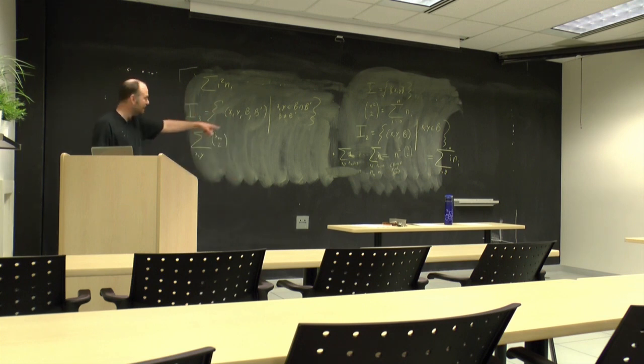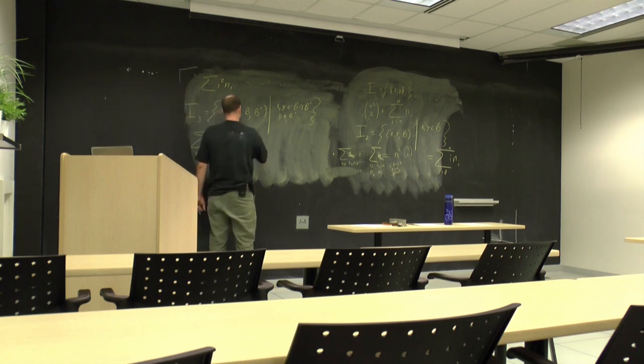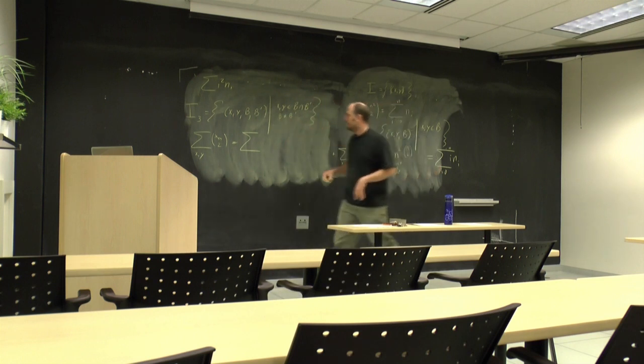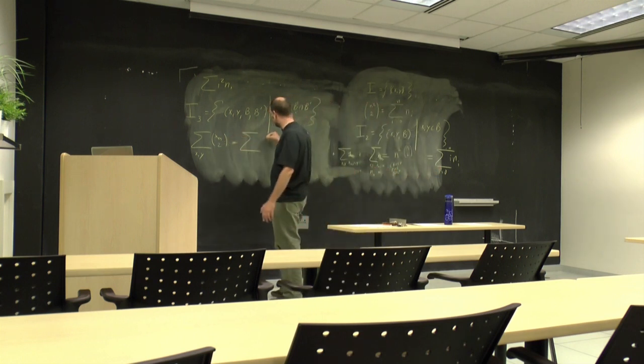Now, I can do the same kind of manipulation. I can break this sum up by what the lambda values are, 0, 1, 2, 3, all the way up to n. And this then becomes the sum of i choose 2 times n_i.